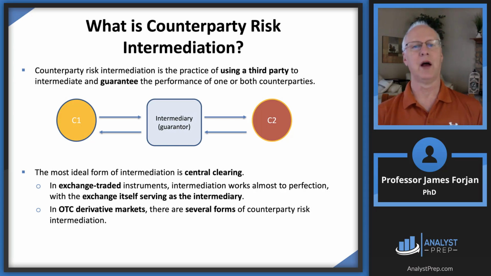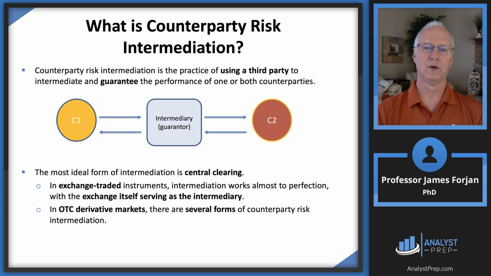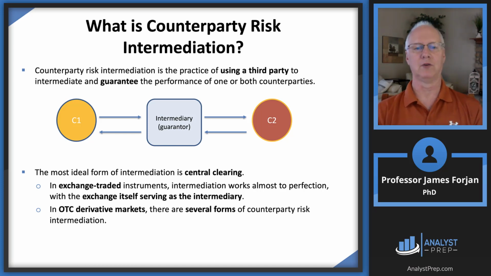But remember, lots of these derivative contracts are traded in the over-the-counter market. We don't want to duplicate, but we want to replicate what goes on in those exchanges so that we can manage this counterparty risk.